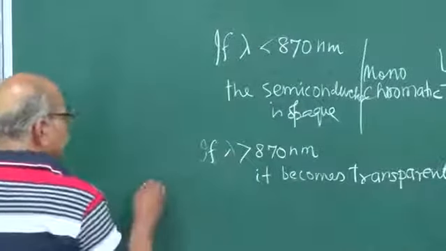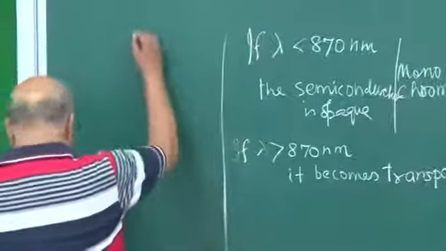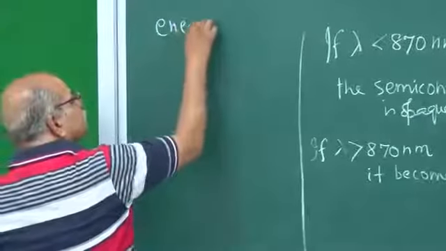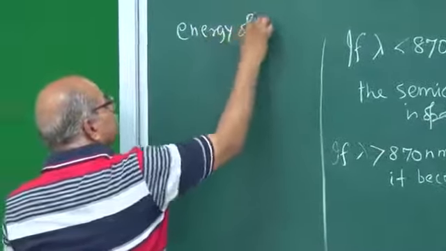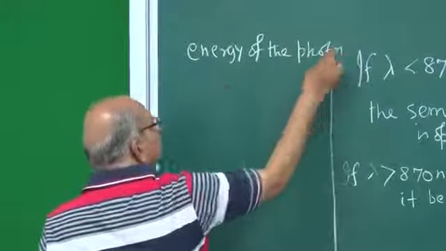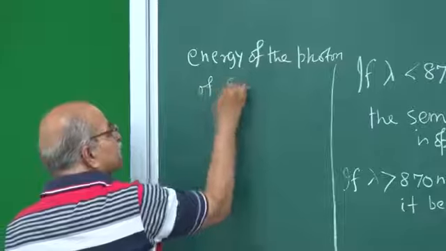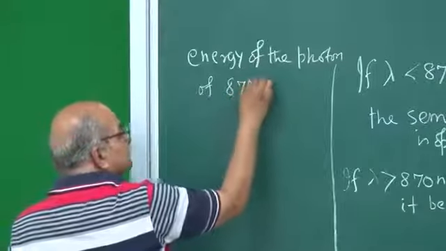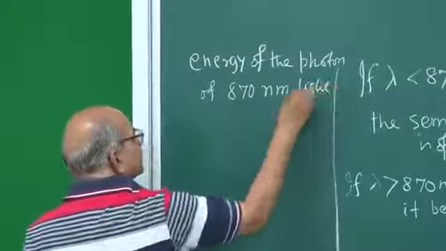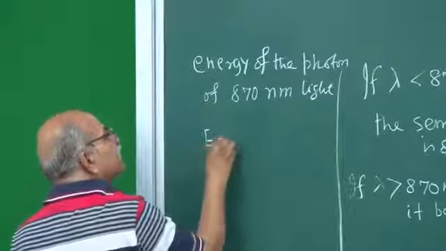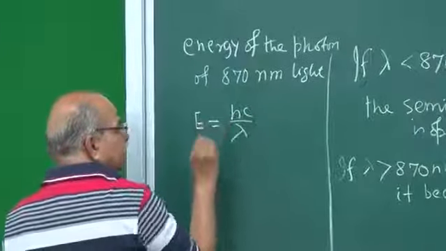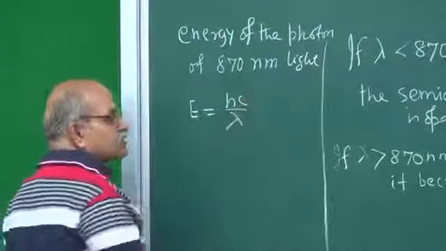So, if you calculate the energy of the photon of 870 nanometer light, it is hc over lambda, where h is Planck's constant and c is the speed of light.